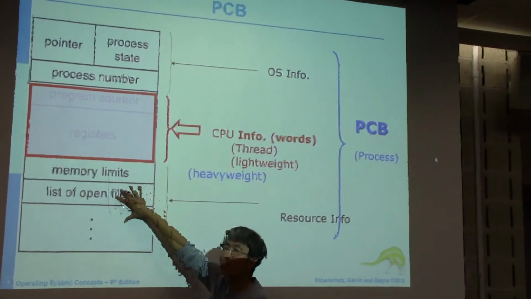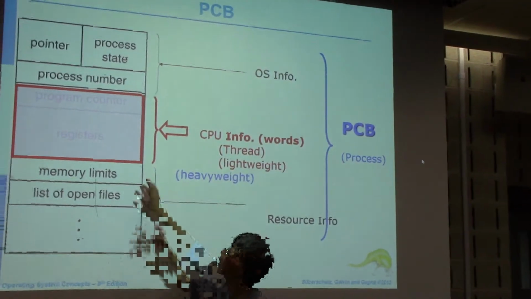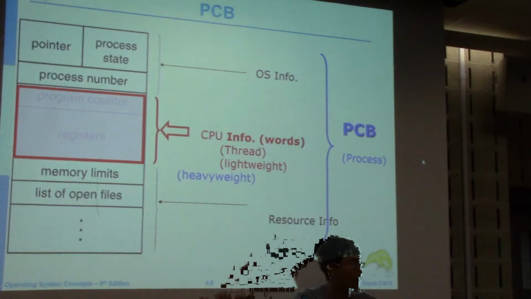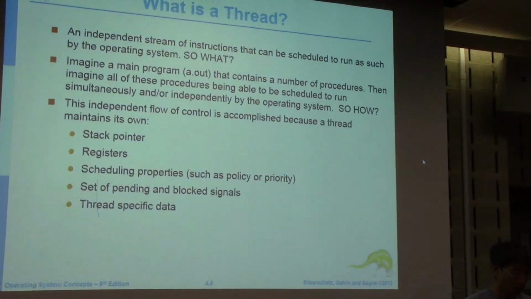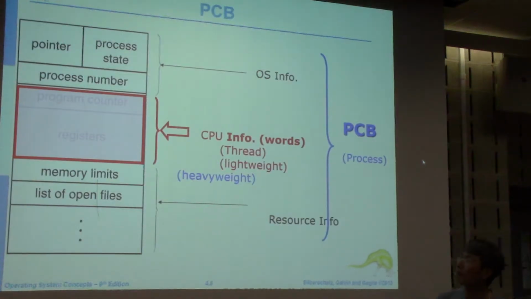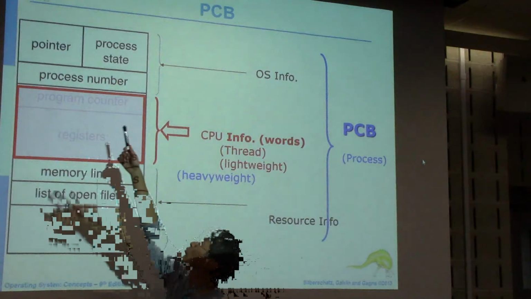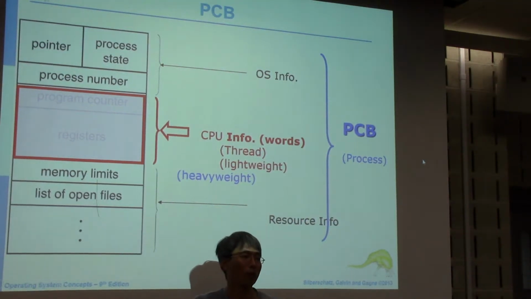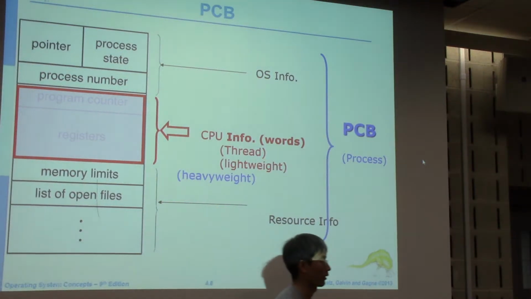All of this can be shared by all threads, except the thread-specific information like the program counter and registers. If you want to create a new process for a specific job, you need to allocate all this information, so with threads you can reduce the time.